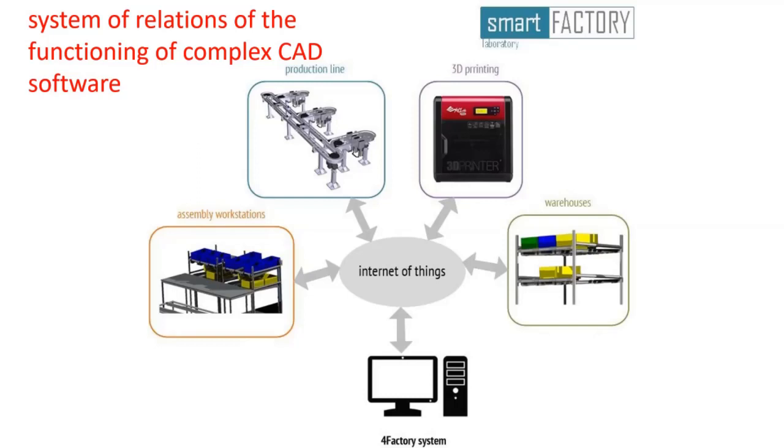In the smart factory planning, we can see the system of relation of the functioning of complex CAD software. So again, the main database in the production chain consists of data of the production line, of warehouses, of assembly workstations, of 3D printing.